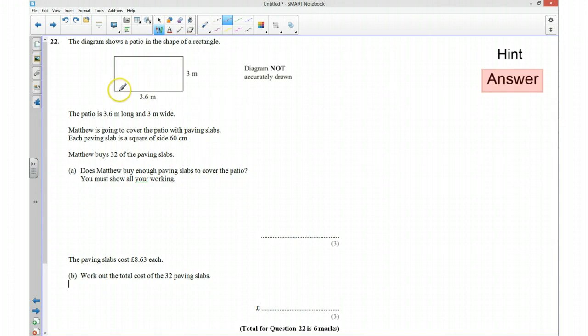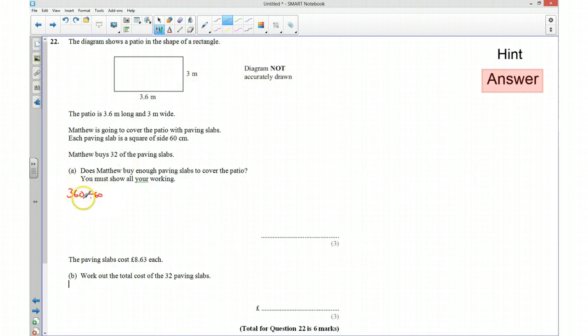Well, if they're 60 centimeters long, and this is 3.6 meters, so that's going to be 360 centimeters, and I want to know how many 60 centimeters are going to fit along here. So I need to do 360, and I need to divide that by 60 to see how many are going to fit along here.